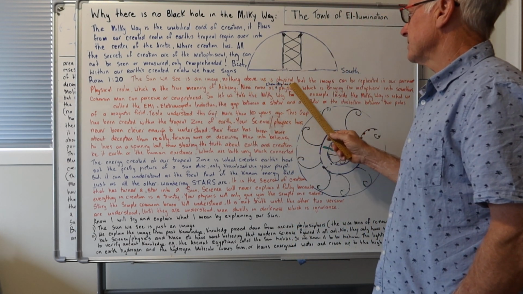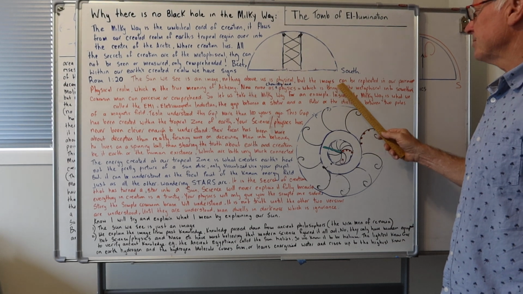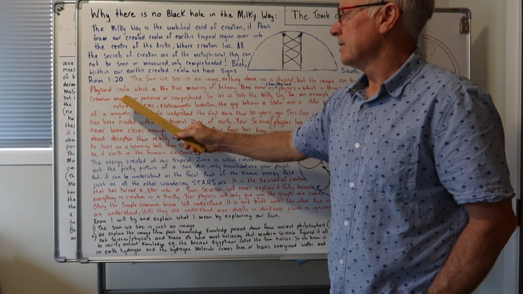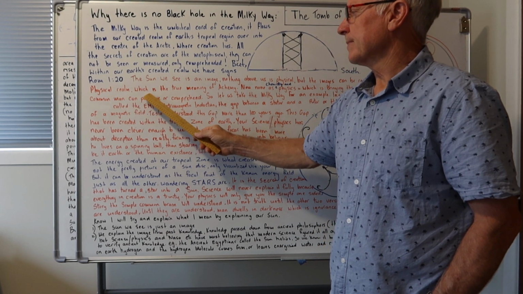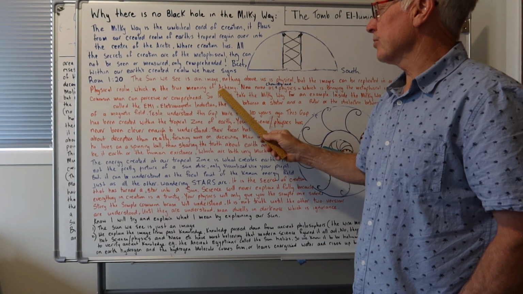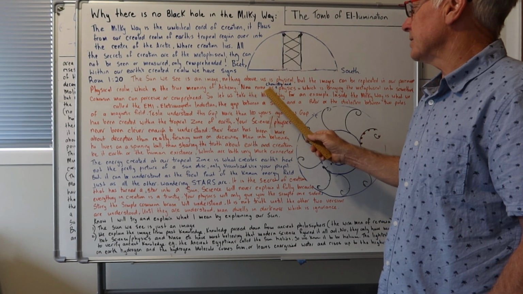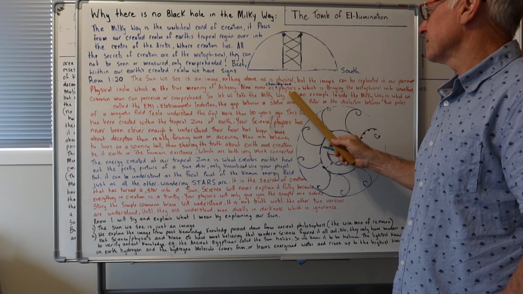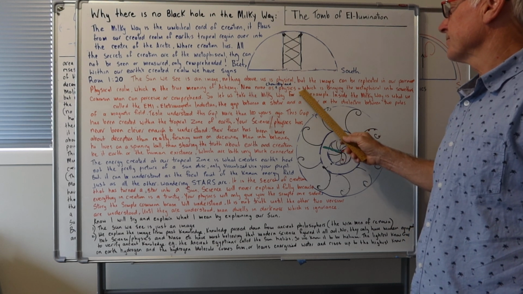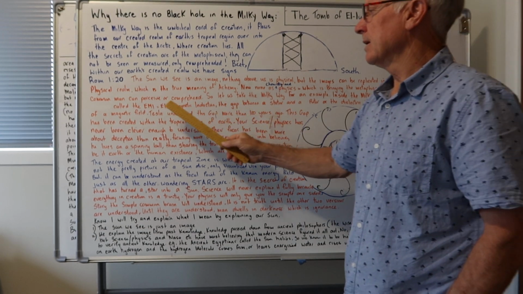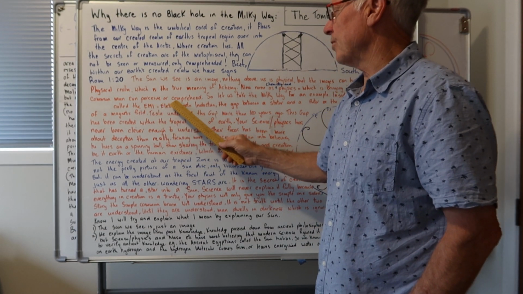Nothing above us is physical, but the images can be replicated in our perceived physical realm, which is the true meaning of alchemy, now known as chemistry and physics, which is bringing the metaphysical into something common man can perceive or comprehend.